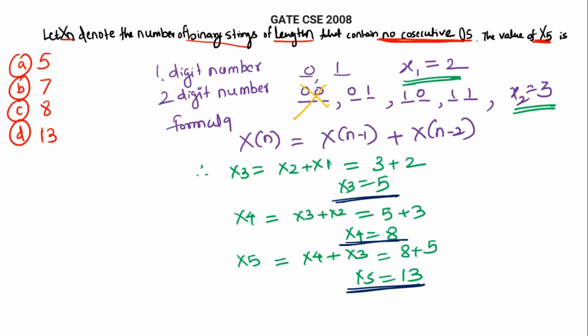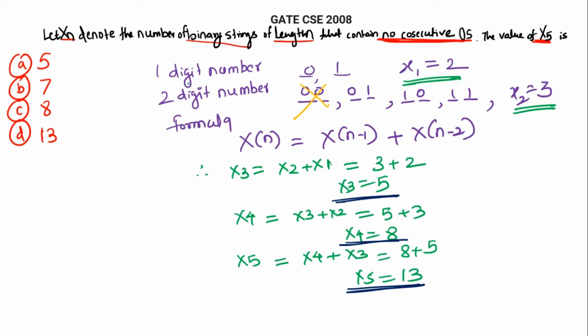Next question is: let xn denote the number of binary strings of length n that contain no consecutive zeros. The value of x5 is. Now we have to find all possible binary strings where we cannot keep zeros consecutively.